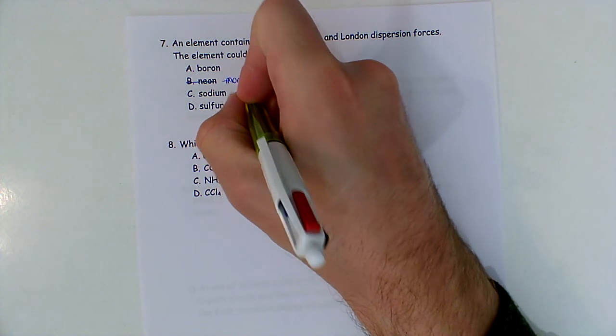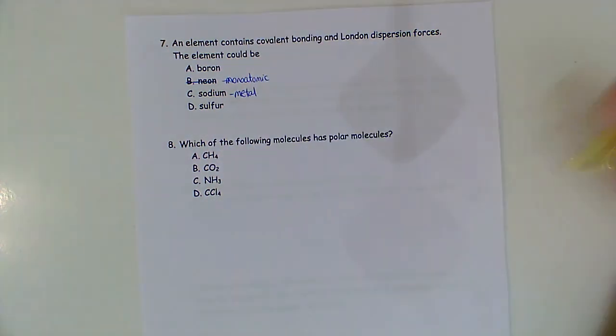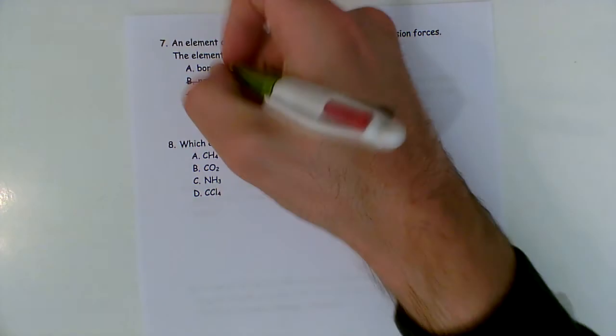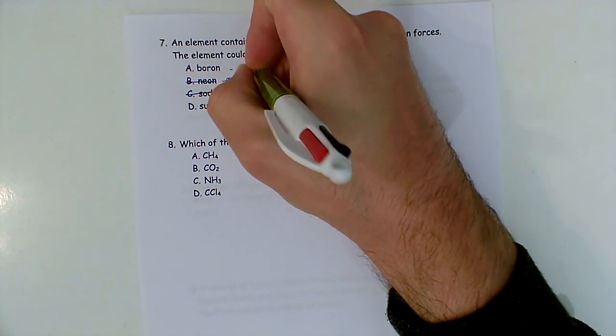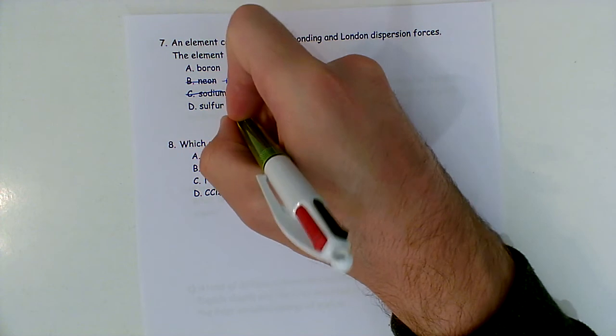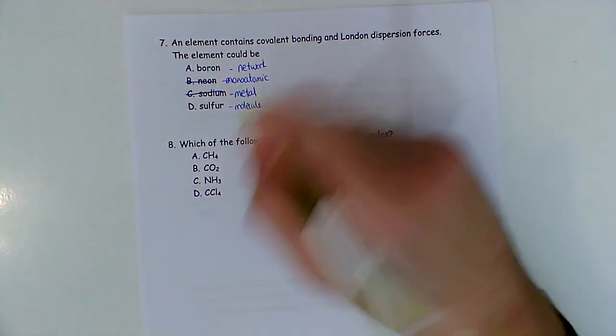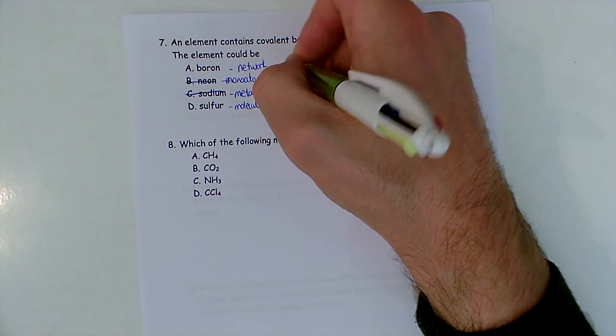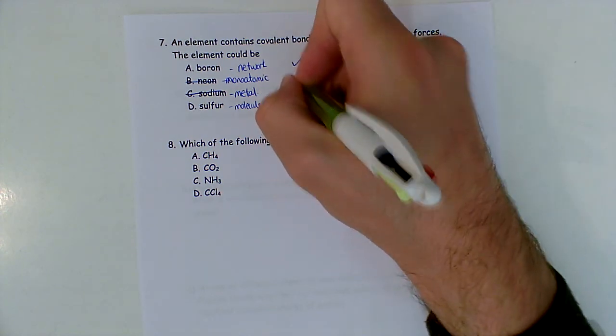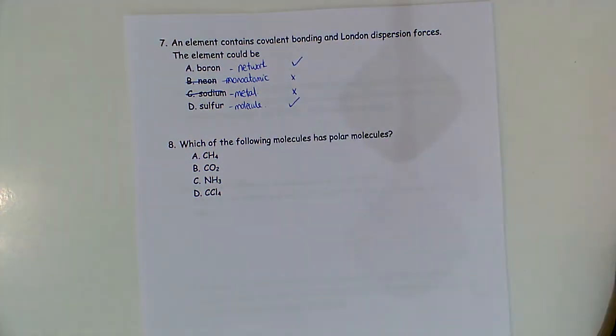Sodium is a metal, so it has metallic bonding, so we can rule it out. And sulfur is a covalent molecule. So that is network, and that is a molecule. So in terms of covalent bonding, that one does, that one does, that one does, and that one doesn't.